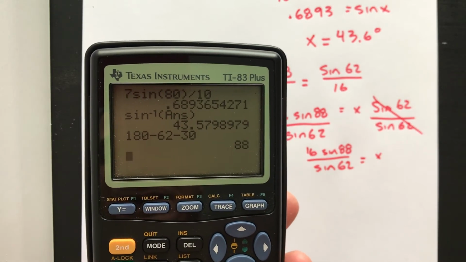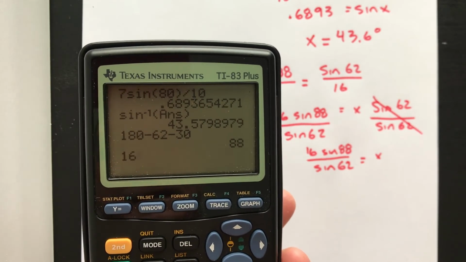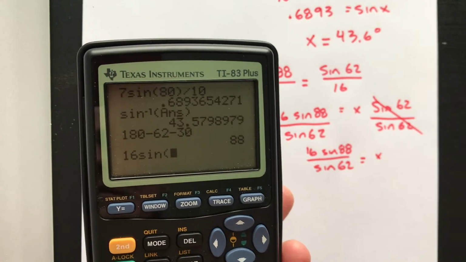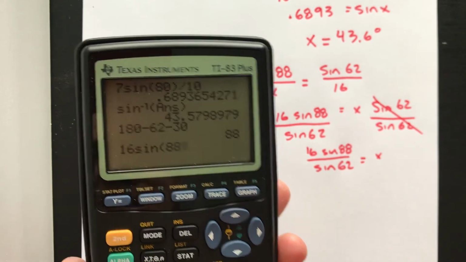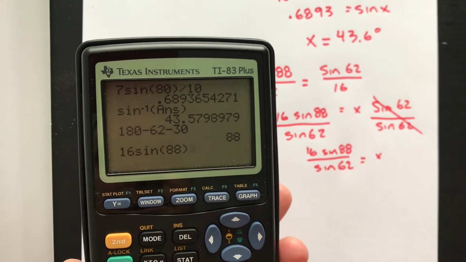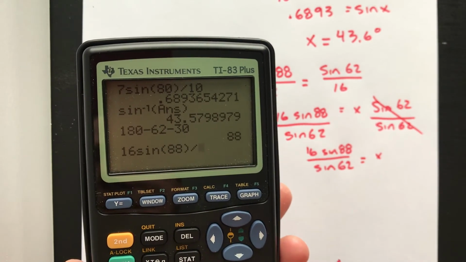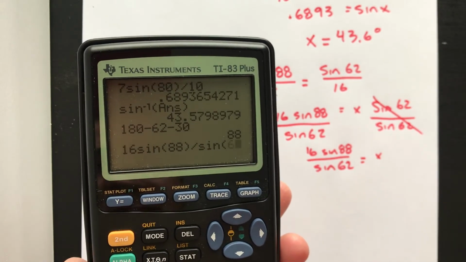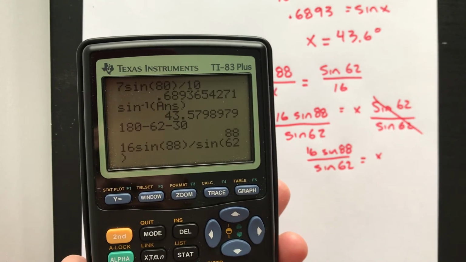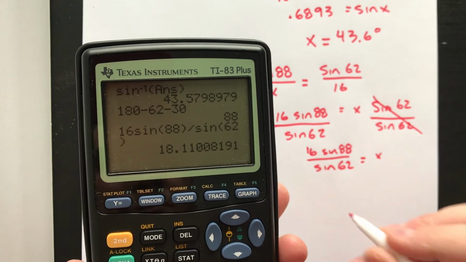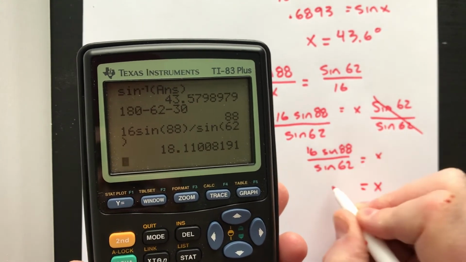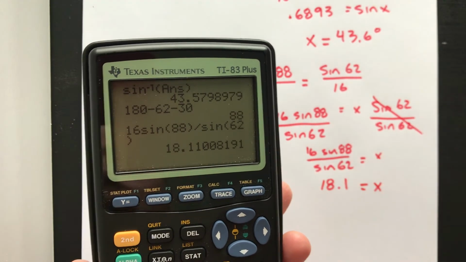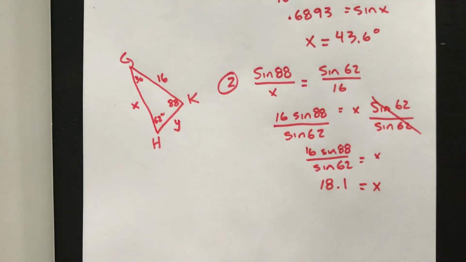So I'm just going to type it in as I see it. 16 sine of 88, close that parenthesis, divided by the sine of 62, close that parenthesis. I got 18.1. So x is equal to 18.1. Okay? Which is great.